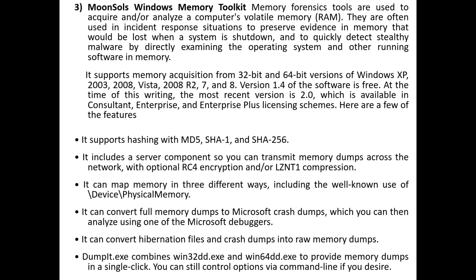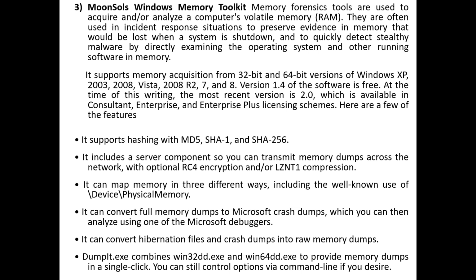Now, what all can be done with this toolkit? It supports hashing with MD5, SHA1, and SHA256. It can also map memory in three different ways depending upon the device's physical memory, and it can convert full memory dumps to Microsoft crash dumps, which can then be analyzed using one of the Microsoft debuggers.